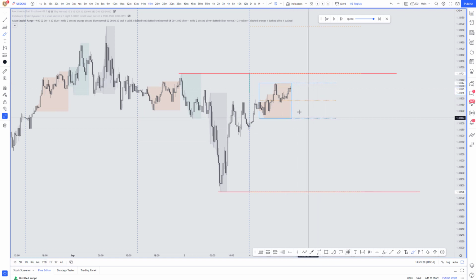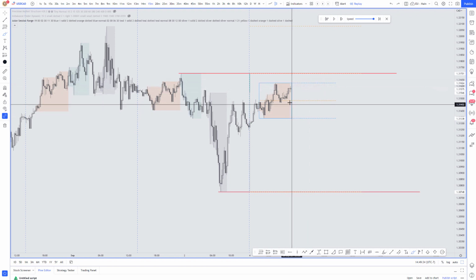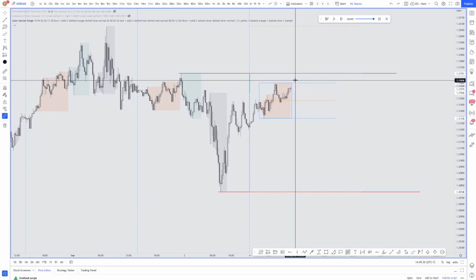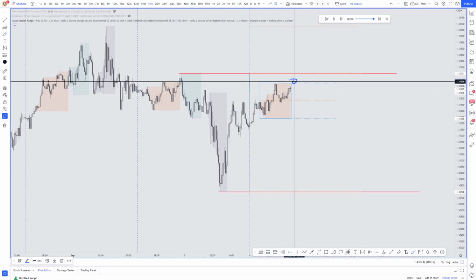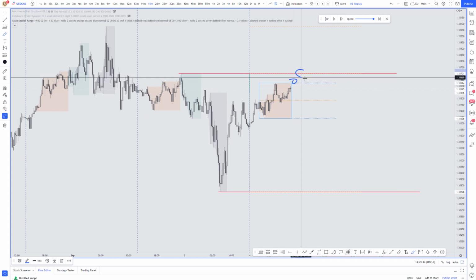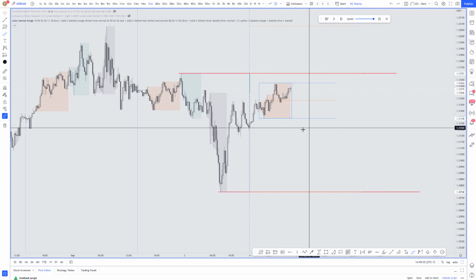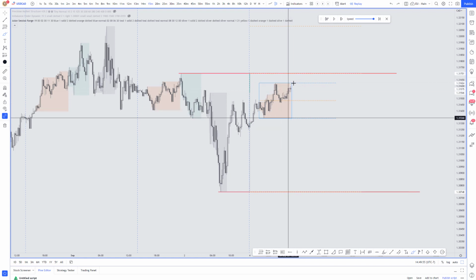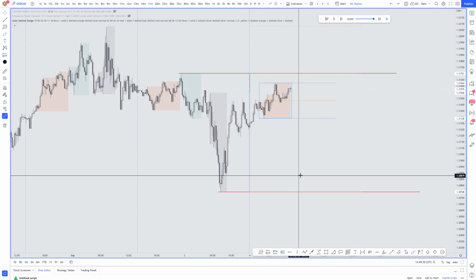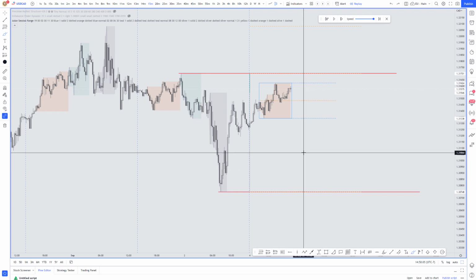That is a draw on liquidity, so it gives us confluence that hey, we swept Asia and maybe we could go the other way, or we broke through Asia, and the likely thing to do is to target this and maybe look for a sell. So when your sessions and major liquidities align this close together, it can make for a really high probability setup. It's not going to happen every day, but it is nice when it does.